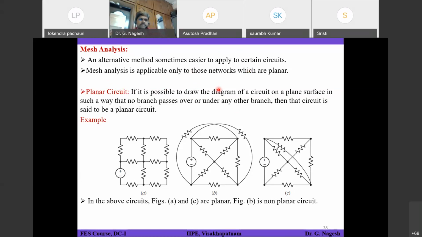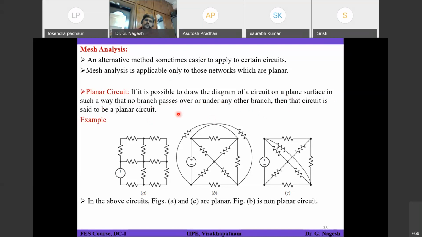So what does planar mean? If it is possible to draw the diagram of a circuit on a plane surface in such a way that no branch passes over or under any other branch, then the circuit is said to be a planar circuit.